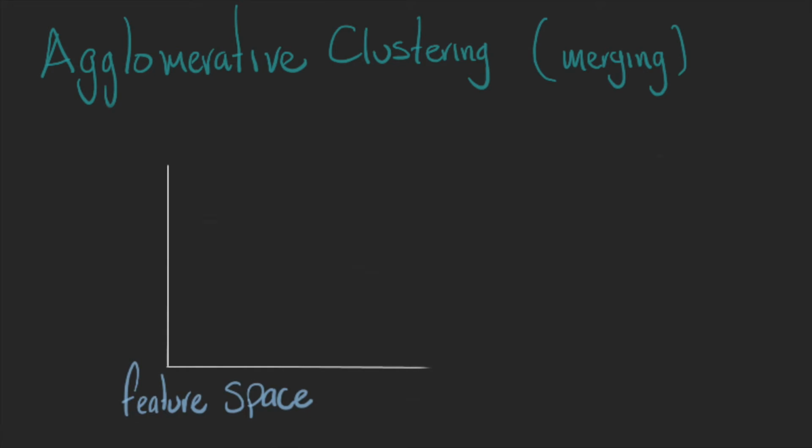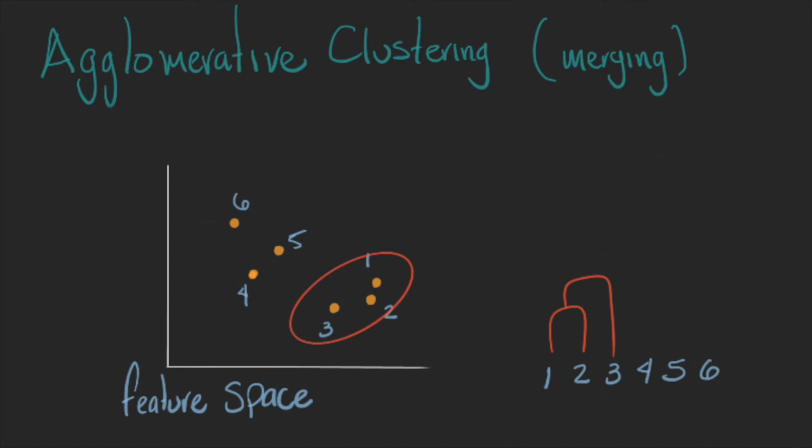Imagine that we have 6 pixels and their features in this 2-dimensional space are placed in this way. We can use the Euclidean distance to measure each point. So we start the algorithm and we merge the closest points. The point 3 is closer to the cluster we just created compared to the distance of any other point to each other.